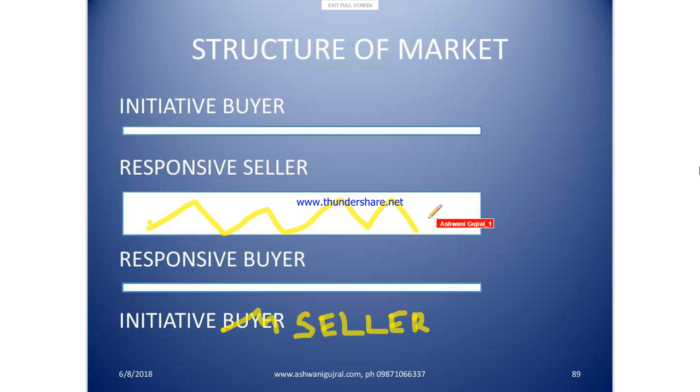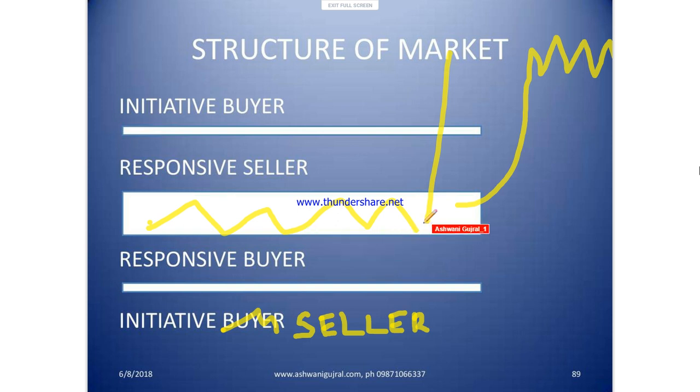But when there is news or other kinds of buying, this range is broken out. And now the initiative buyer takes control and he is trying to take this equilibrium to a higher level.